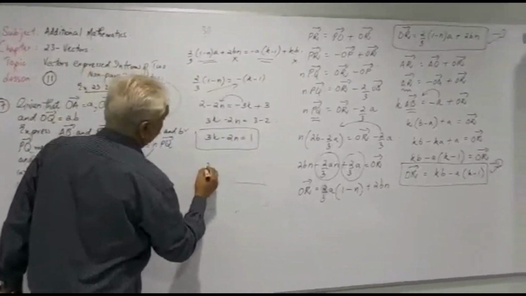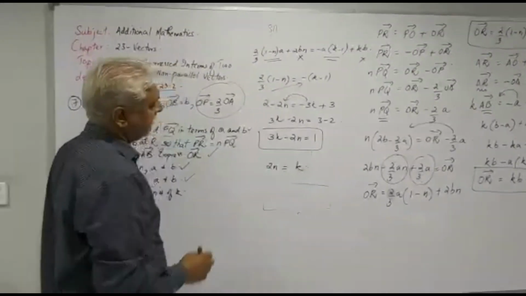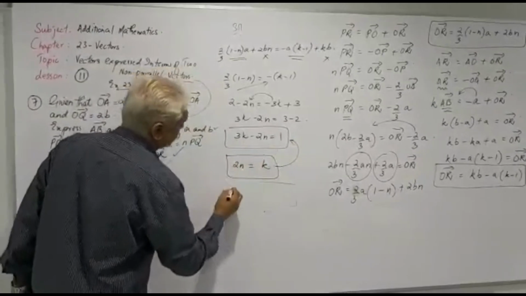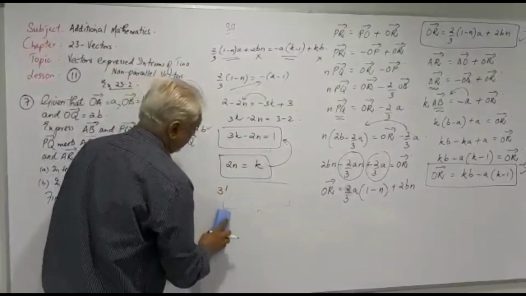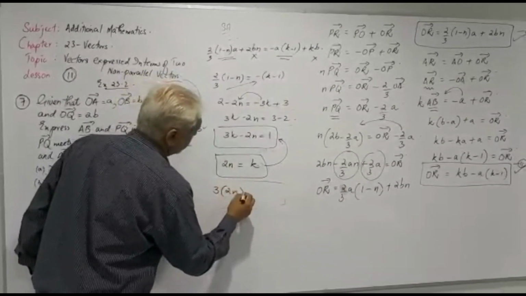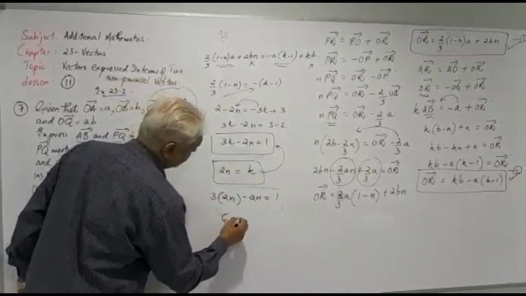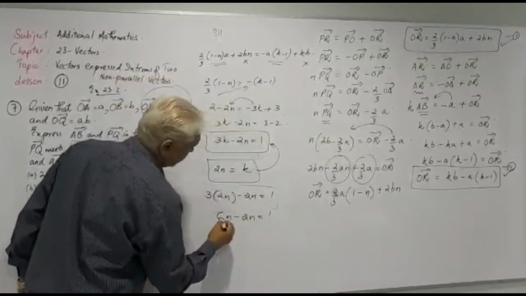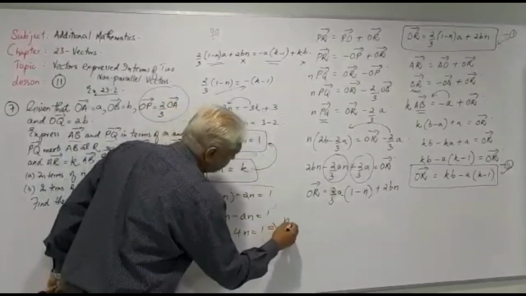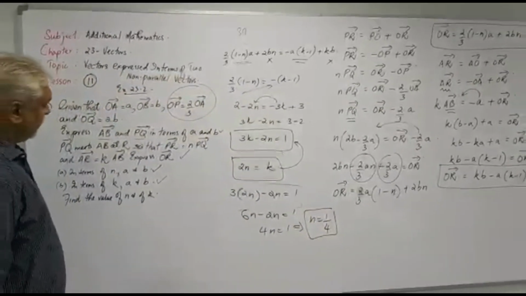So I'll get 2n is equal to k. Now I'll substitute this value of k in this equation. So 3 times 2n minus 2n equals 1. 6n minus 2n gives 4n equals 1. So n is equal to 1 over 4. So we found the value of n.